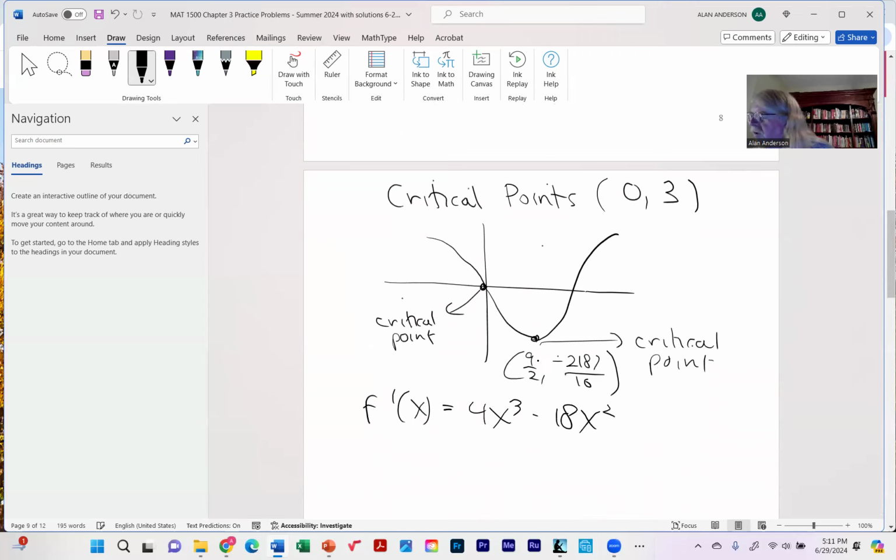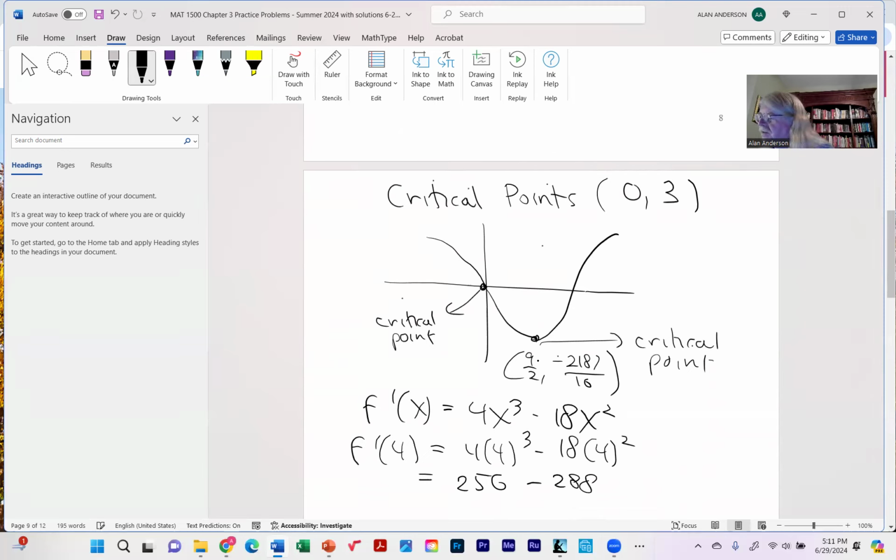So let's try f prime of 4. That's slightly to the left of this point. What's that going to be? 256 minus 288.